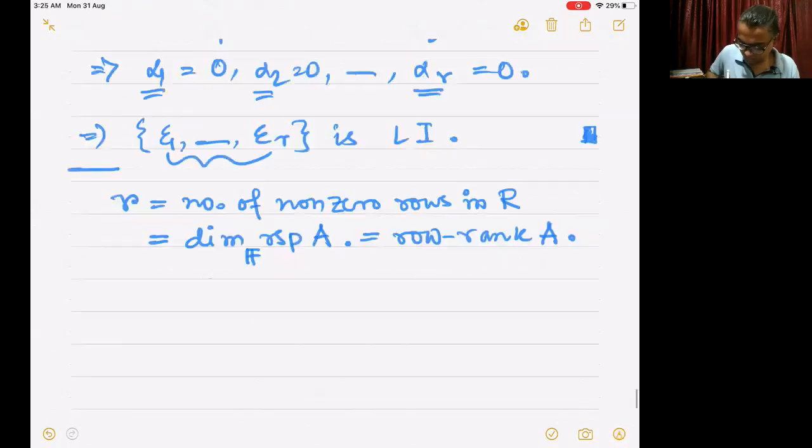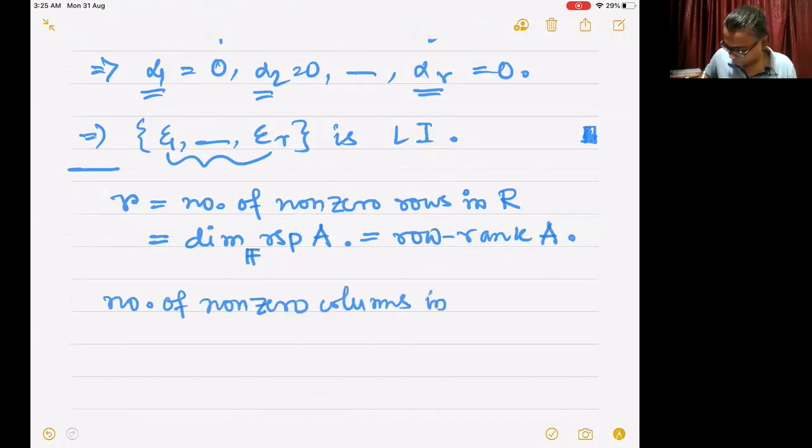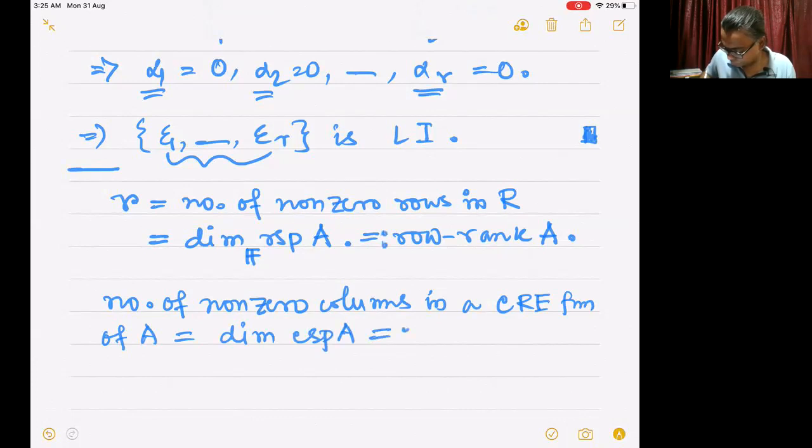And similarly, when you work this out for columns, the number of non-zero columns in a column reduced echelon form of A must be equal to the dimension of the column span of A, and that is defined as the column rank of A. The fact that these two ranks are equal will be the subject of a later lecture.